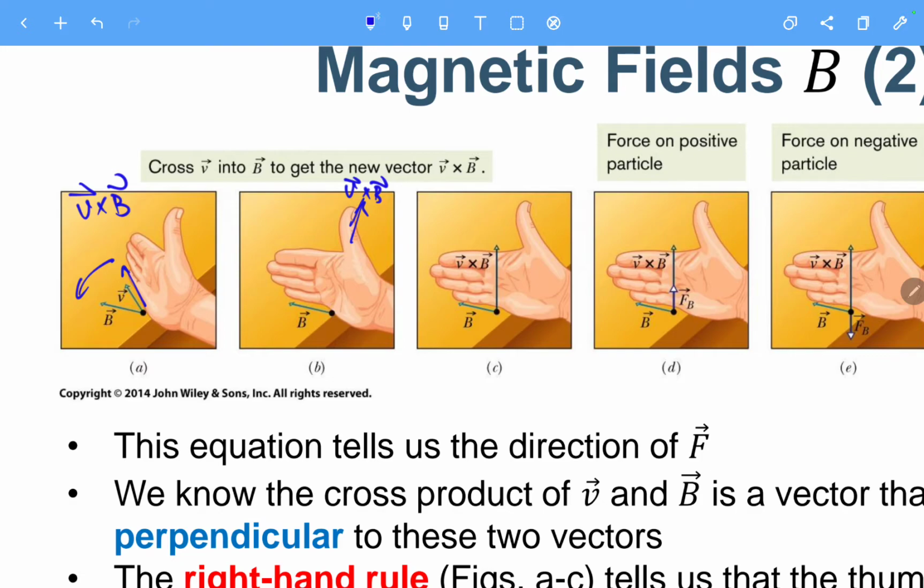But you need to make sure the angle phi is between 0 degrees and 180 degrees. Don't make it 270 degrees, or 300 and something degrees. Then you will determine the direction of the cross product incorrectly.